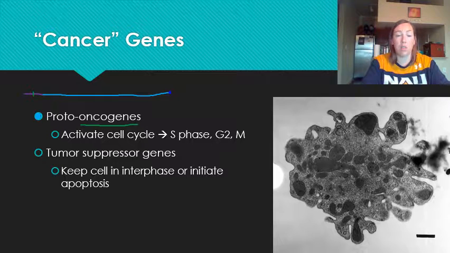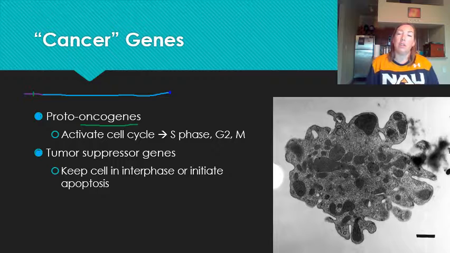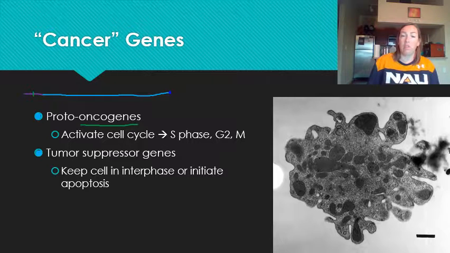There are also tumor suppressor genes that, through their normal functioning, help us with this. These tell the genes to do a couple different things. Some of them tell the cell to stay in the G1 phase and not divide, and some other genes can tell the cell to go into apoptosis.